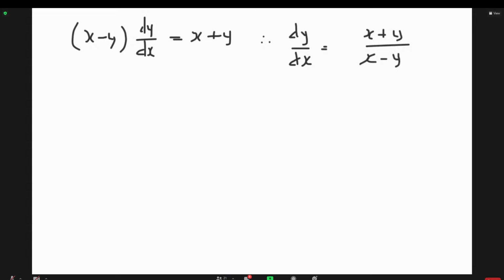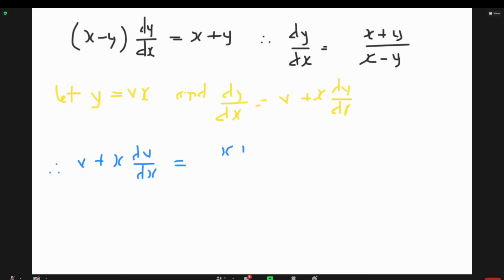All right. So it's let y equals vx and dy dx equal to v plus x dv dx. So therefore, all right, got it?